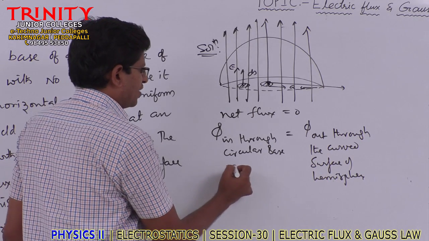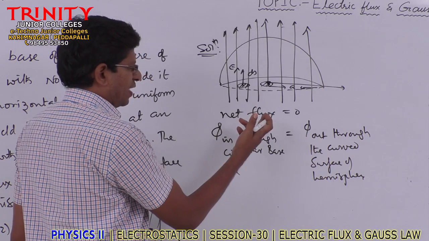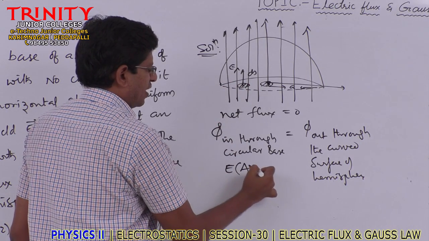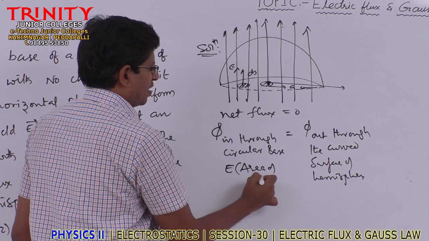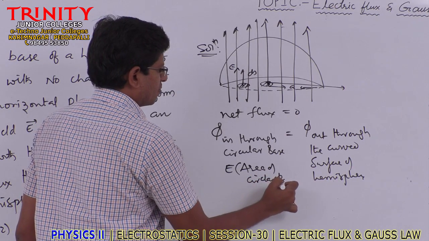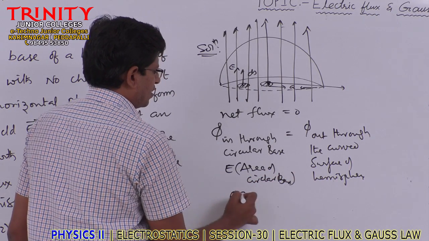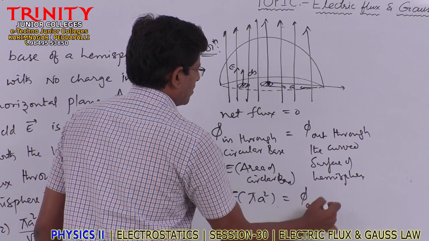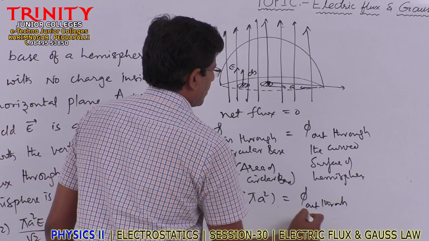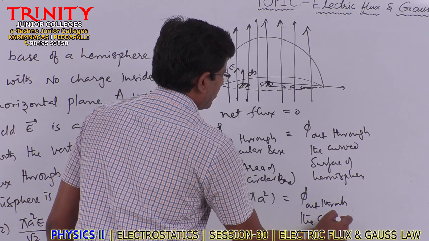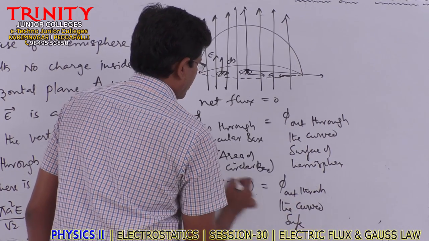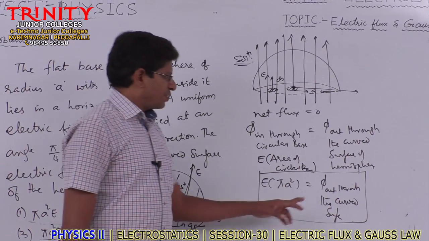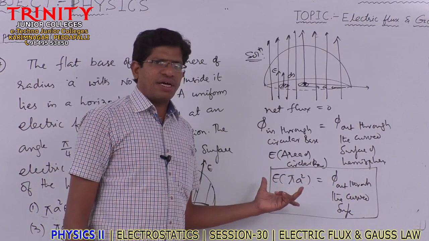Therefore I can calculate this as E dot A, EA cos 0, the area of the circular base. So E into pi a square is nothing but the flux out through the curved surface. Therefore the question is the flux out through the curved surface, the answer is E into pi a square.